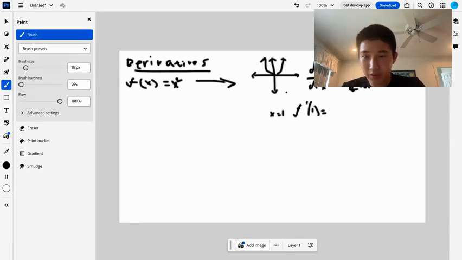So if you want to find the derivative at x equals 0, the tangent line would intersect with this at one point and it would just be straight. And you can do this for many different points. For example, if you want to find the derivative at x equals 1/2, you can just draw the slope of this.